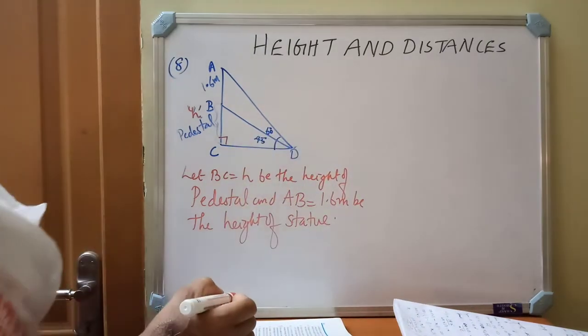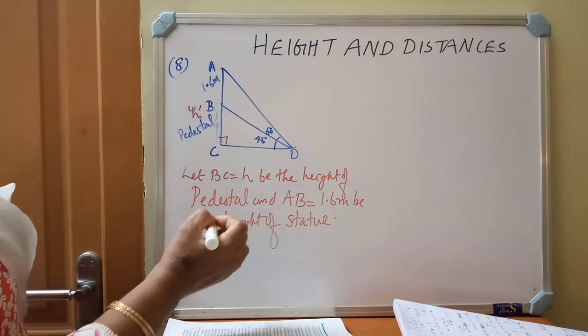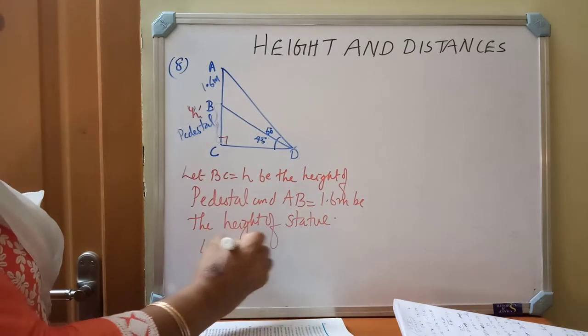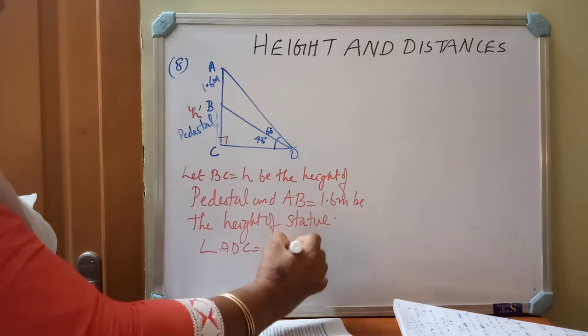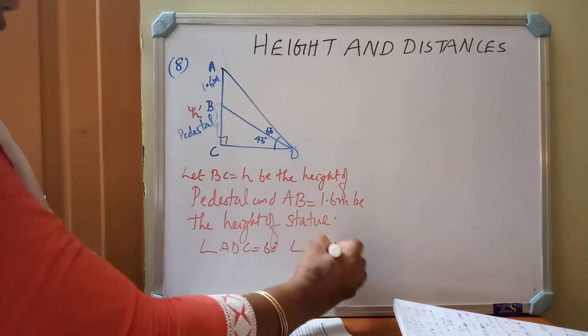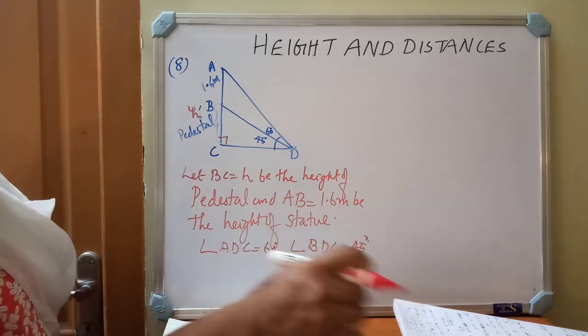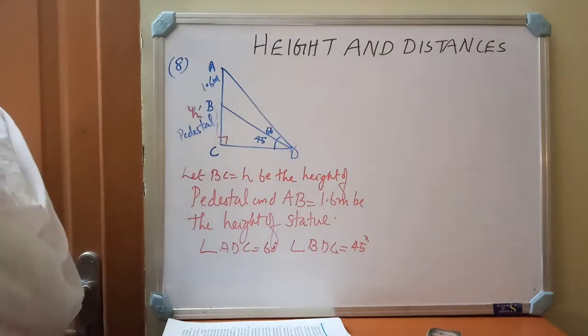Angle ADC equal to 60 degree, and angle BDC is equal to 45 degree, as given. Any other measurement is given in this question data, children?